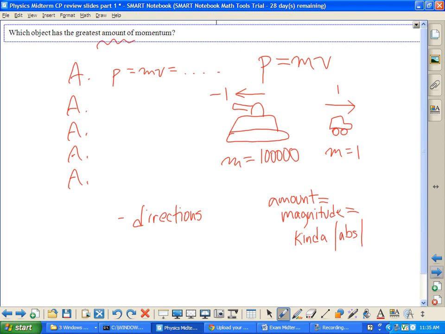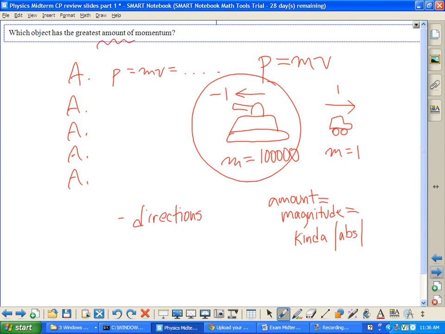Any thoughtful question is a great thing. So this is a greater amount of momentum. Don't be faked out by the negative sign. Be a thinker. All of these have things for you to think about. So what if a question says a ball is going to the right and another ball is going to the left? You know how to treat that. But how would you know which one's negative or positive?